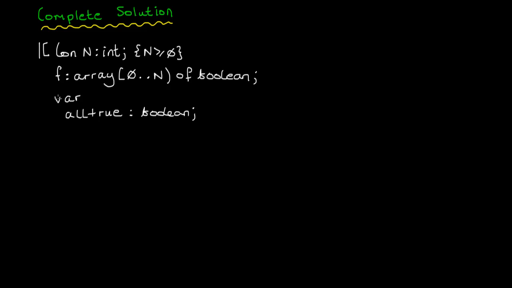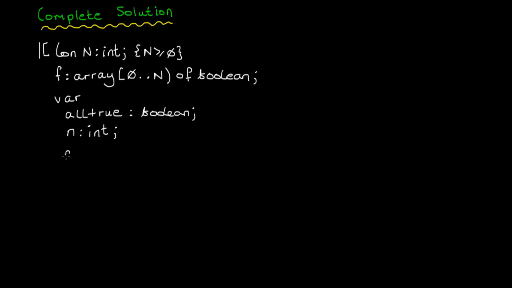So down to here where we have declared our variable allTrue of type Boolean, we've also got another variable that we've added to the mix here, and that is the variable n. n, of course, is going to be our loop counter variable, so that's going to be of type int. And then we have to initialize both of those variables.